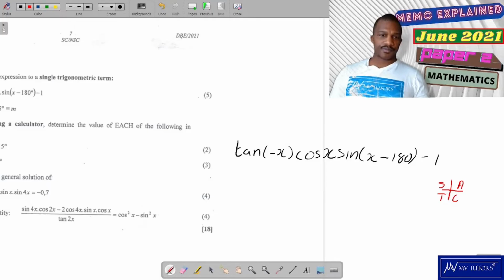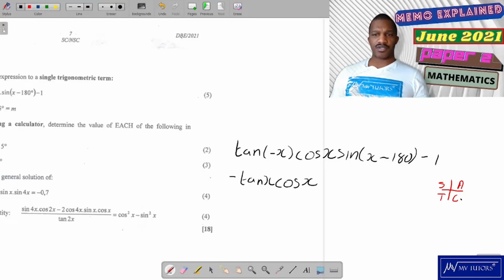All right. So okay, so let's move on. So tan minus x, where's minus x? Minus x is on the fourth quadrant, and tan is negative there, so we're gonna have minus tan x. Cos x is already simplified.